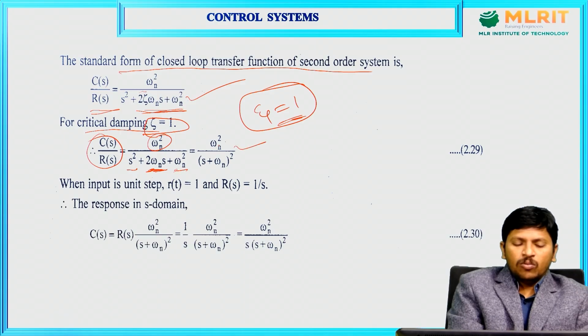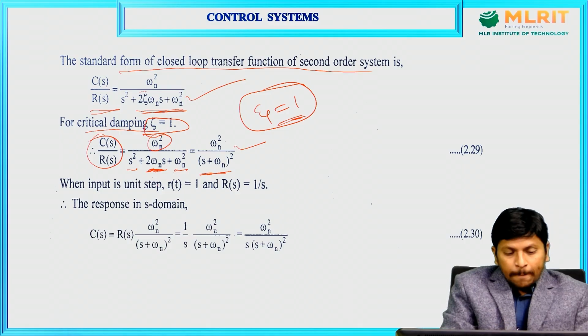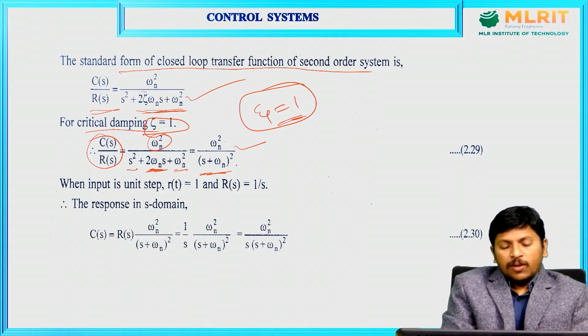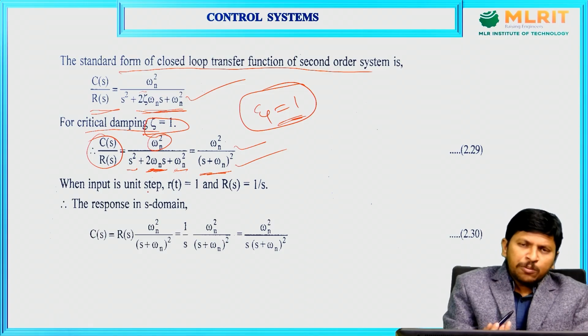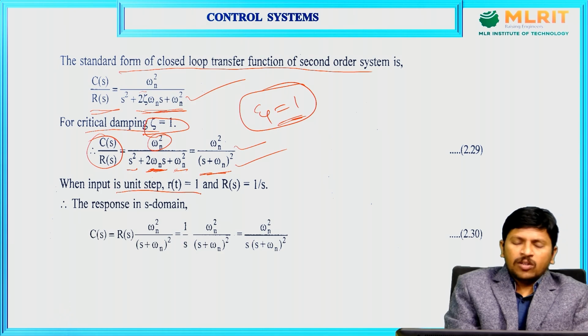Finally, omega n square divided by s plus omega n whole square, because a square plus b square plus 2ab is a plus b whole square, that is, s plus omega n whole square. Now I am writing that for a unit step input, r of t equals 1.